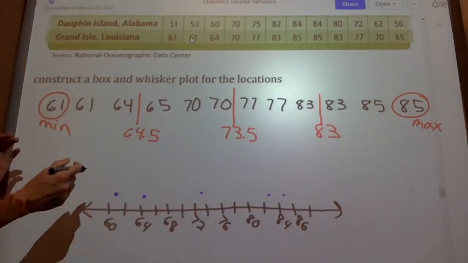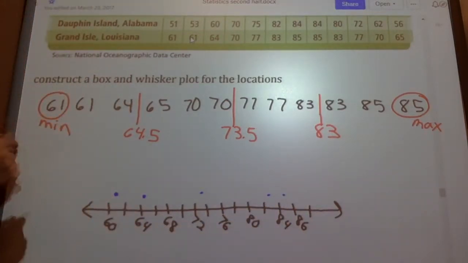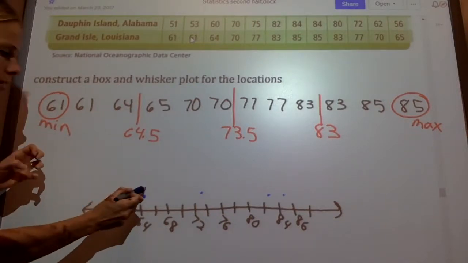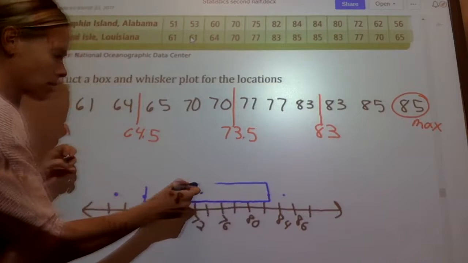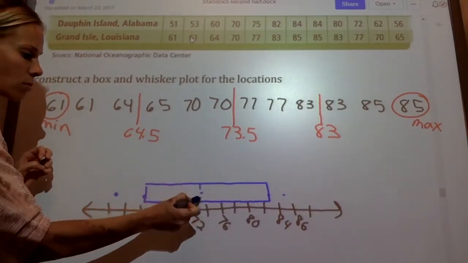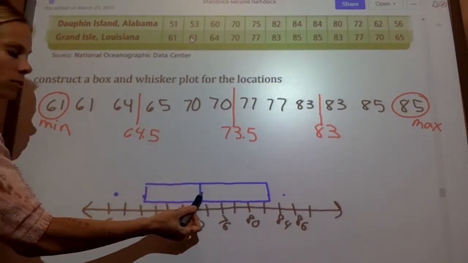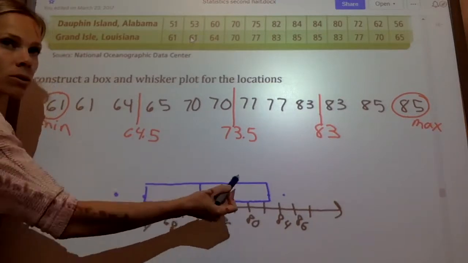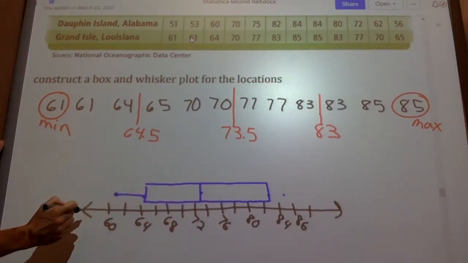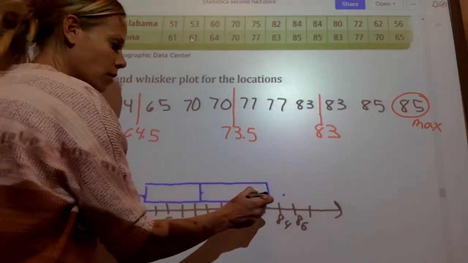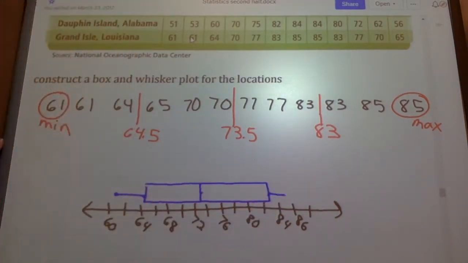Your middle three dots are your interquartiles, your interquartile range. Those create the box from Q1 to Q3. So I have my Q1, Q2, Q3. And then my first quartile is a whisker out to the min, and my last quartile is a whisker out to the max.